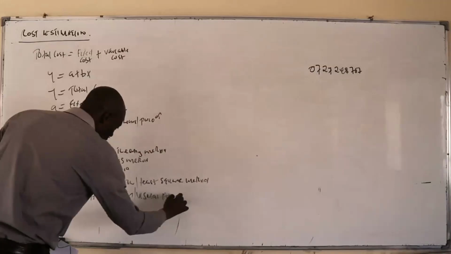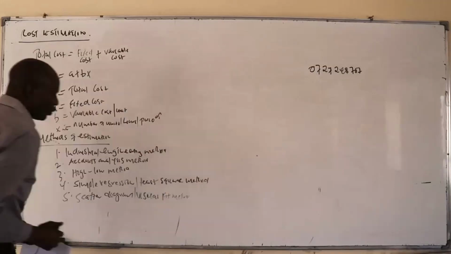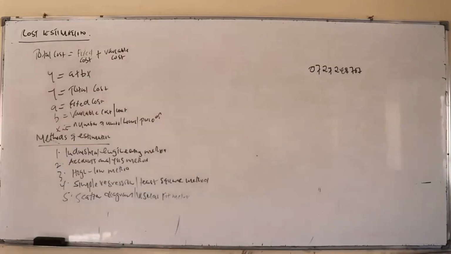So those are the methods we use for estimation. There are 5, so you're supposed to know those 5 methods. Those are the methods of estimation.